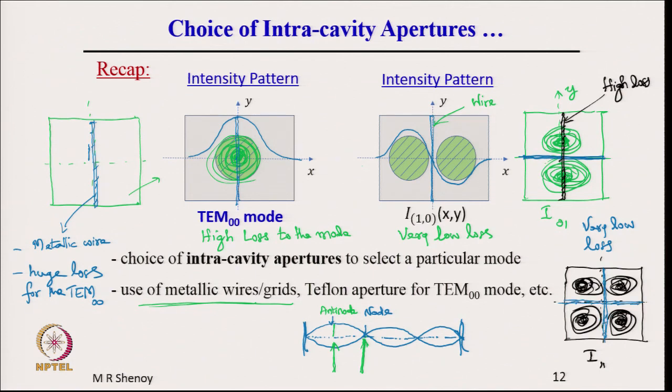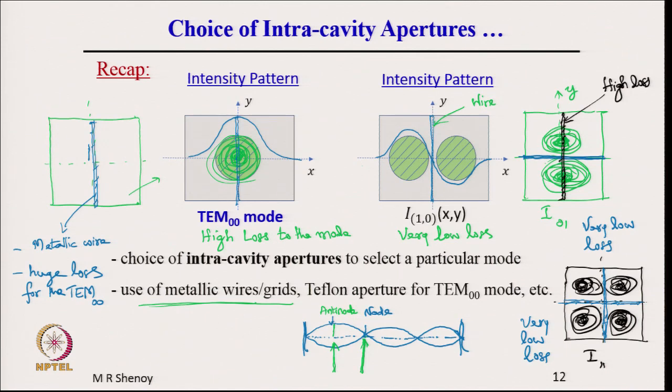If I use such a grid, then this grid will cause very little loss for this mode, because the grid is in positions where the field distribution has gone to 0, and therefore, this will cause very low loss.